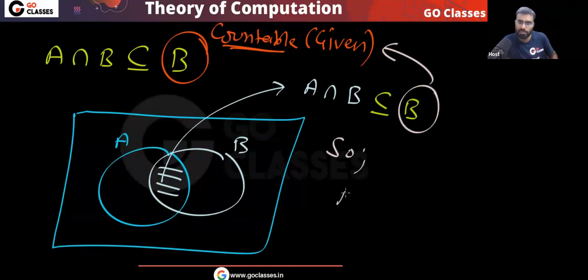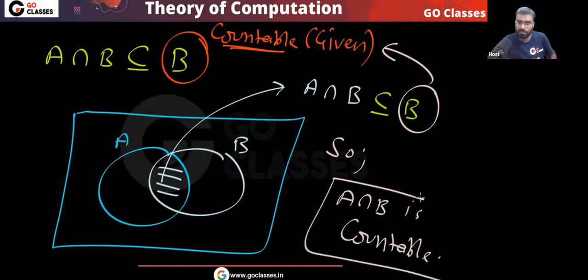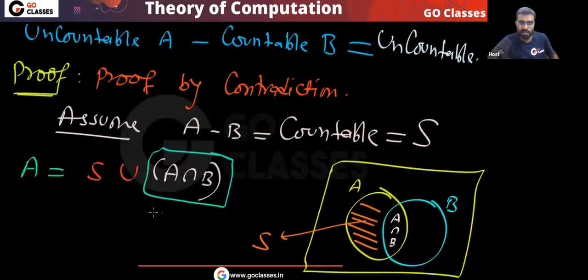So a subset of countable is what? So A intersection B is countable.